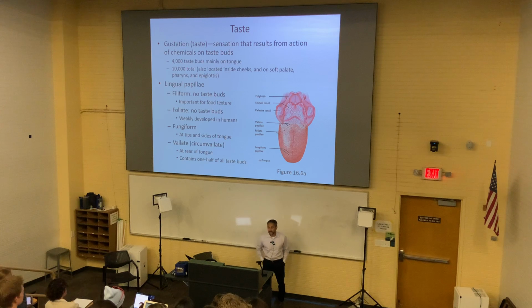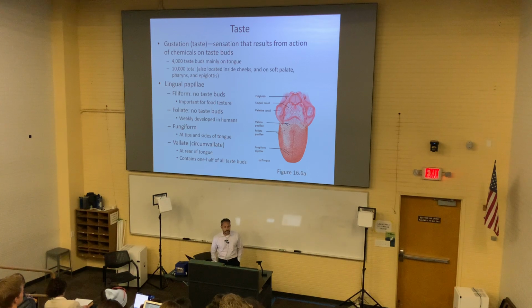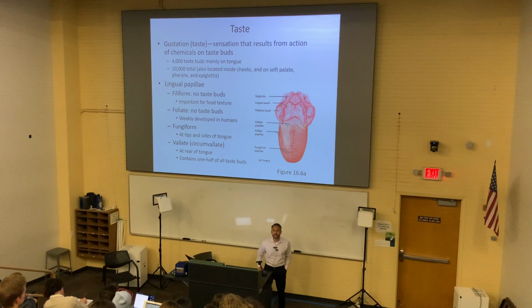So foliate. Foliate is actually from folia, leaf, leaf-like. So they look more like a leaf. Filo is like a thread, so they're very thin, filiform. Foliate are like broad, like a leaf. Now fungiform. Fungiform, what do you think they're named after shape-wise?